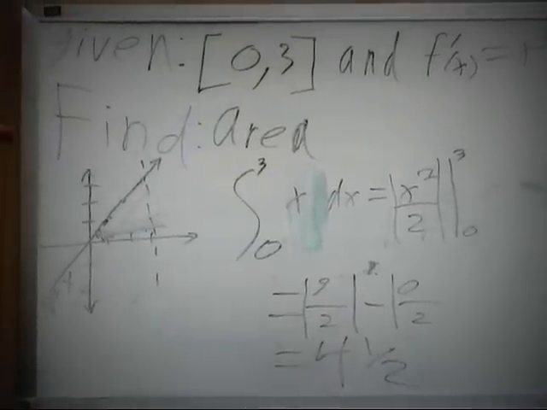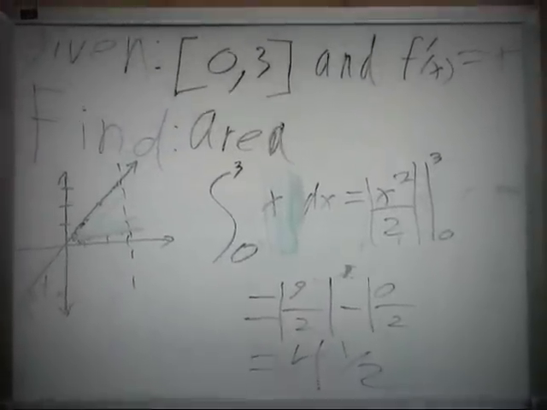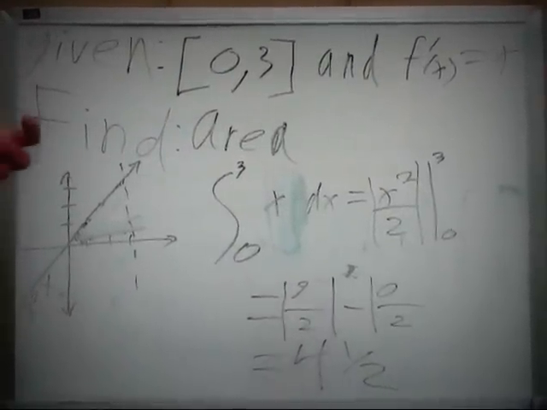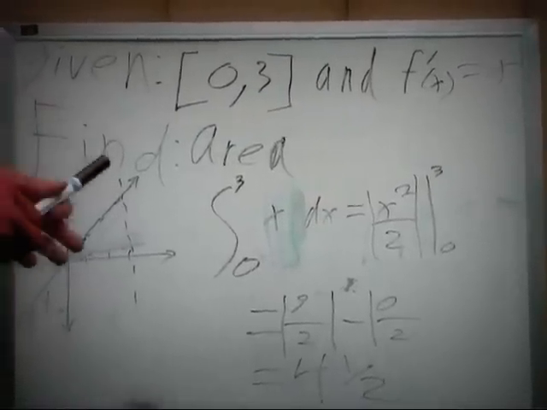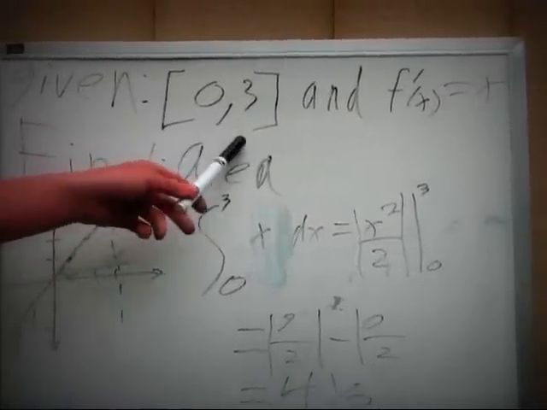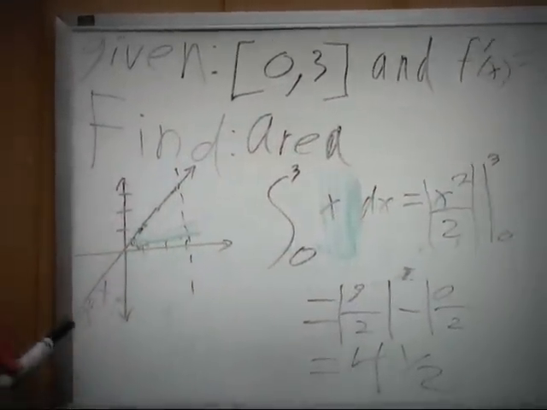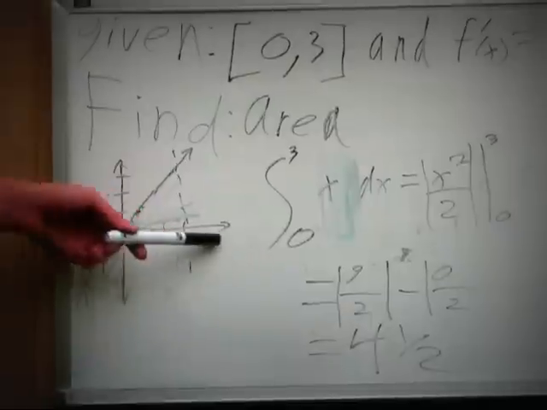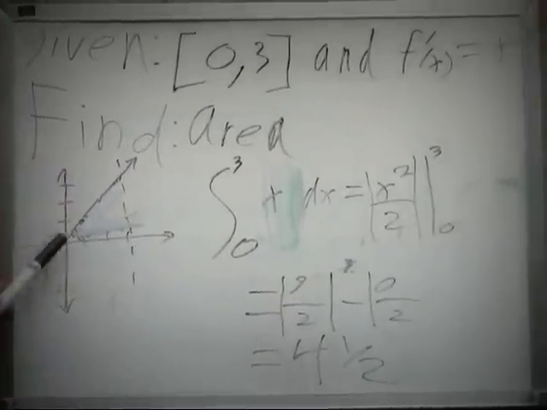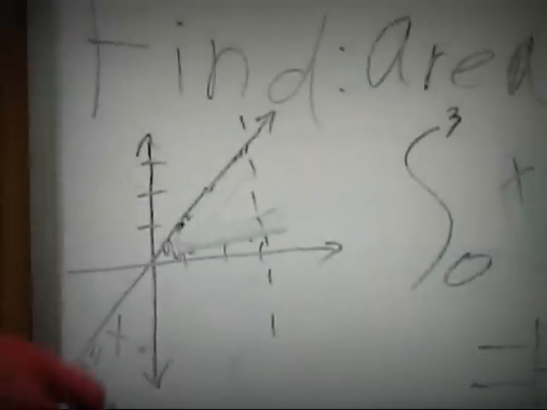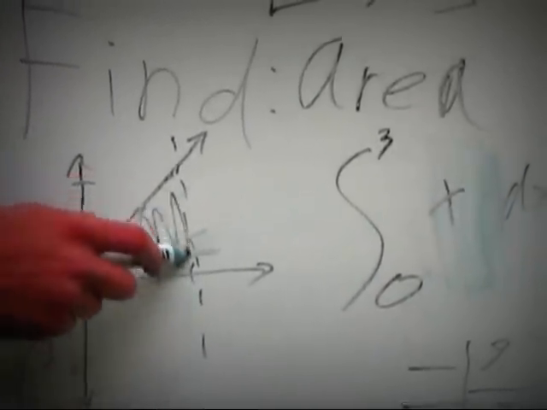Okay, another property of integrals is finding areas under curves. So let's say that you're given the interval from 0 to 3 and the velocity function which equals x. You graph the equation, and you see the area you are solving for.